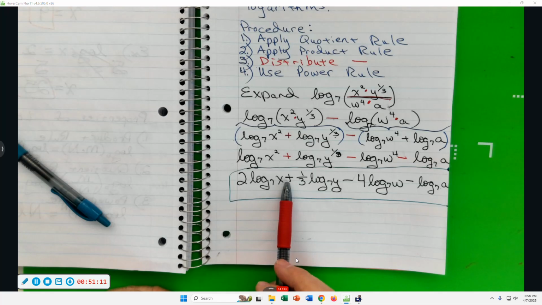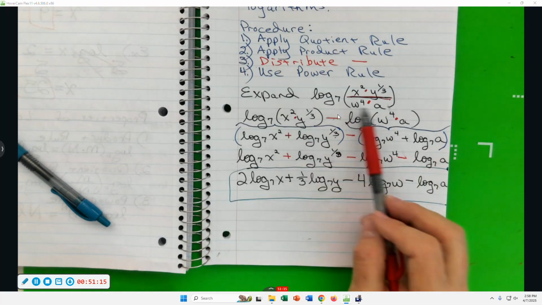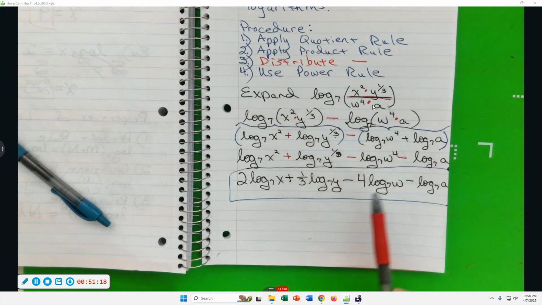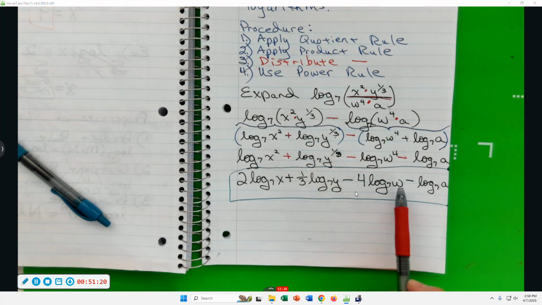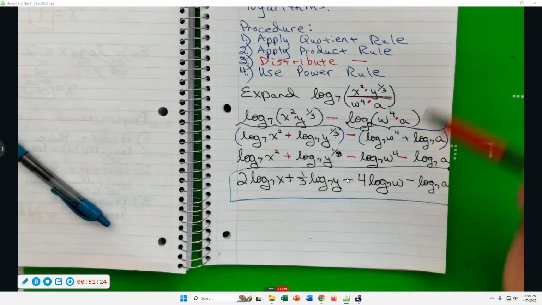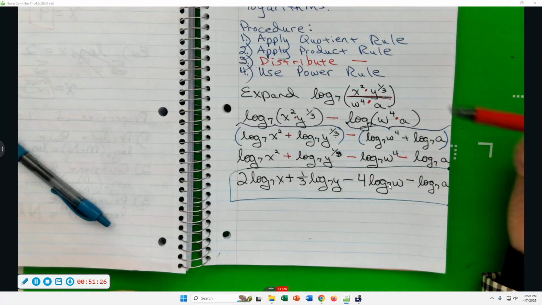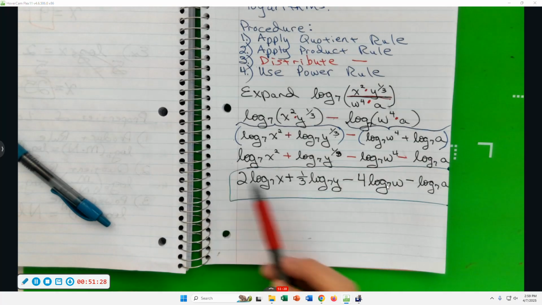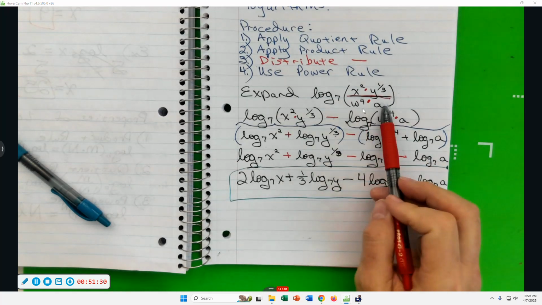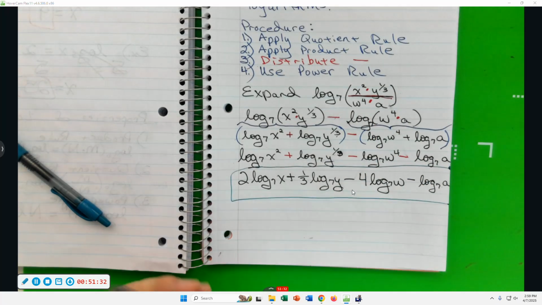There's a plus. I guess the better question is, why were the last 2 logarithms preceded by minuses? When you look at this, 2 of them had positives, 2 of them had minuses. Which ones are preceded by minus?